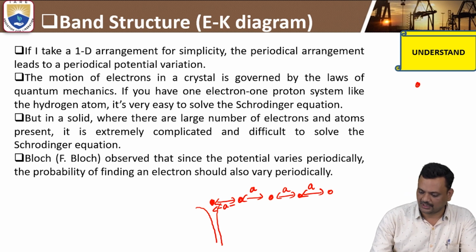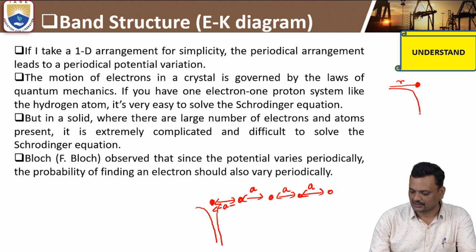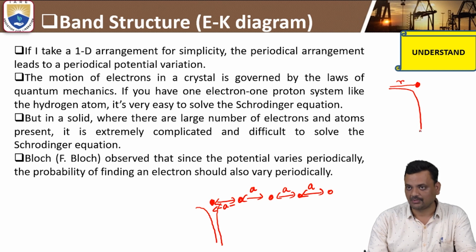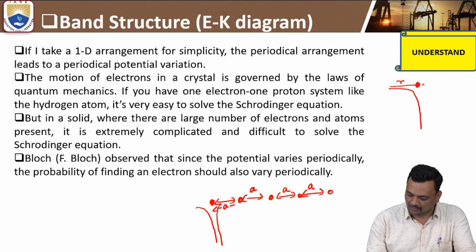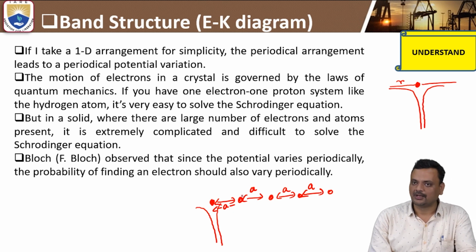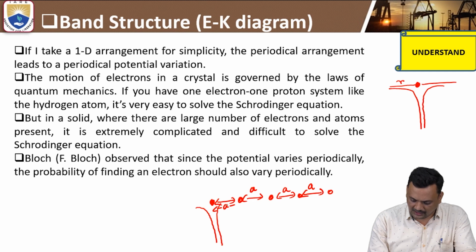If you consider one atom, and this is the distance r, then when you reach closer to the atom, the potential will become infinity. So the potential variation on both sides of the atom is like that. Okay. So if I consider n number of atoms, this potential also varies like that.